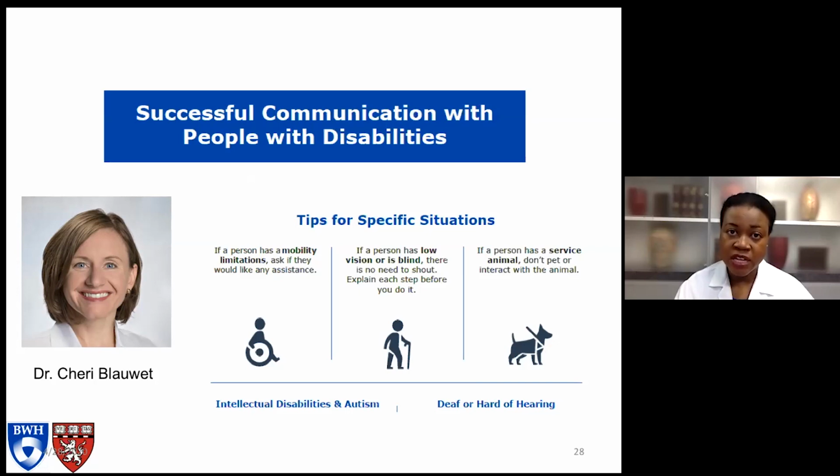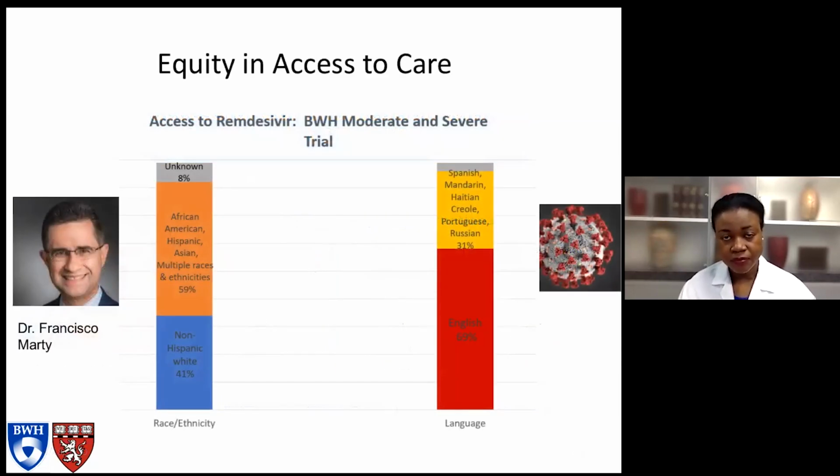These tips and techniques were incorporated into our teaching and into our policies for working with patients and employees, even with disabilities.